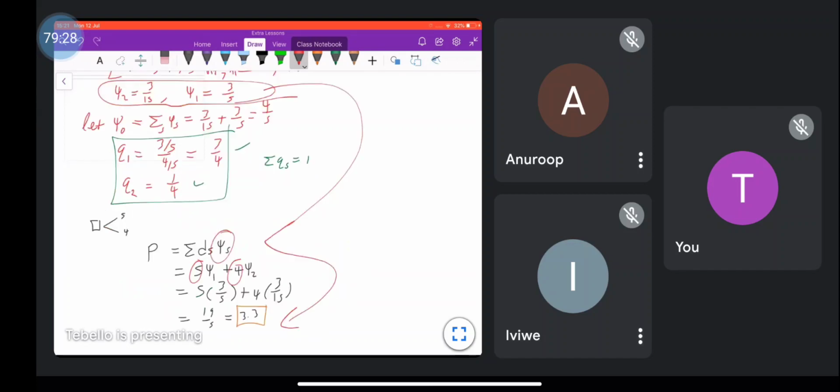If the price is not 3,8, then there is an arbitrage opportunity, and you will be able to exploit it. So, any questions?